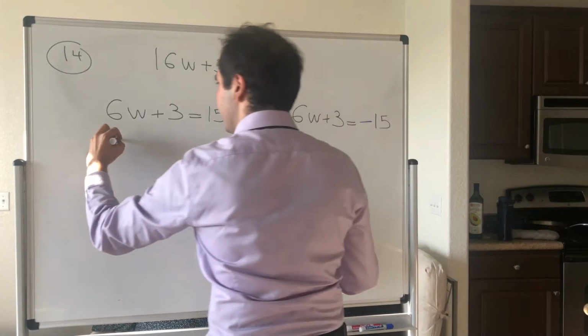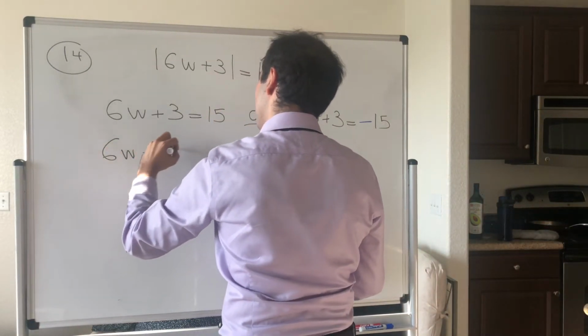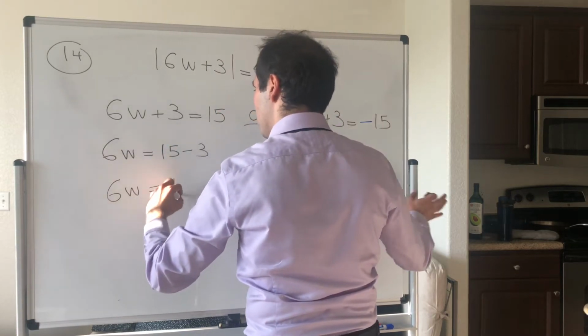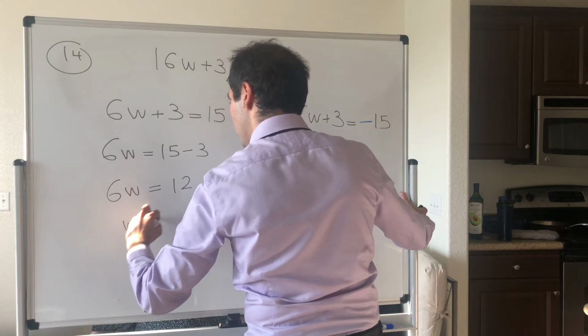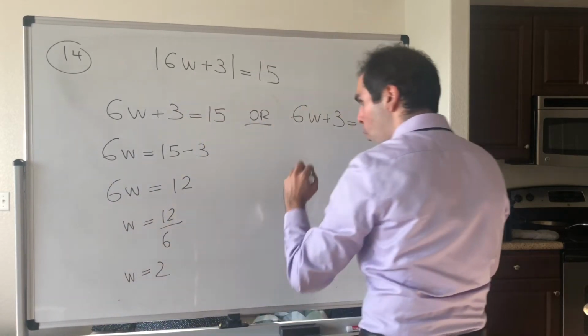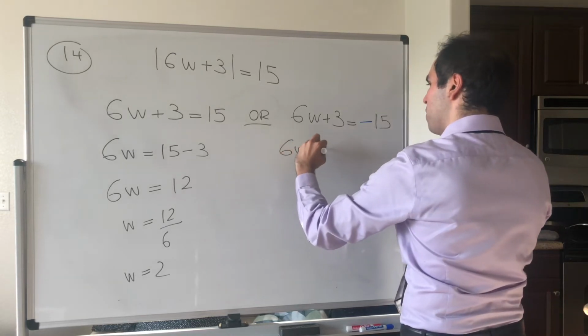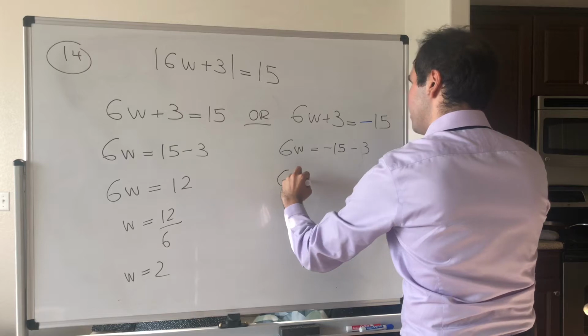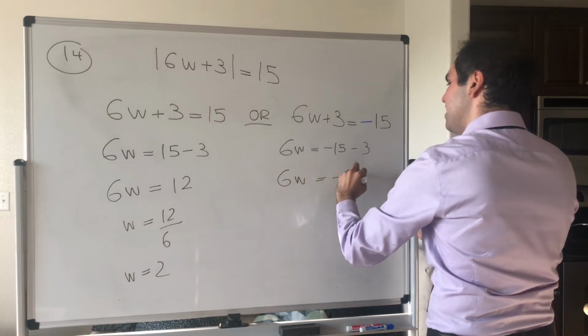So we get 6w equals 15 minus 3. So 6w equals 12. So w is 12 over 6, which is 2. Or 6w equals minus 15 minus 3. So 6w is minus 18.